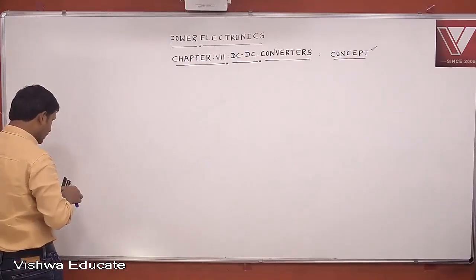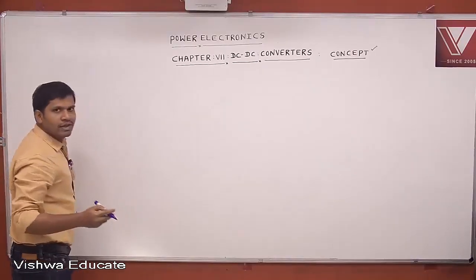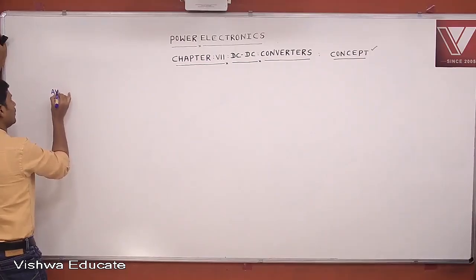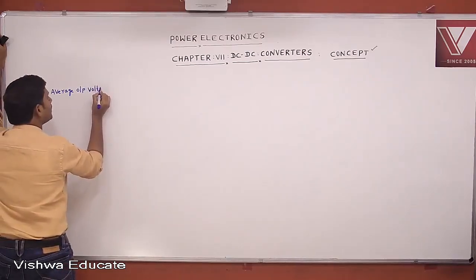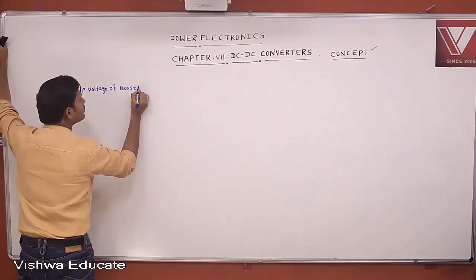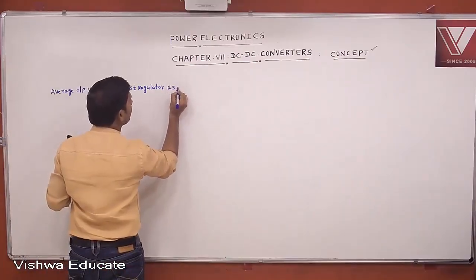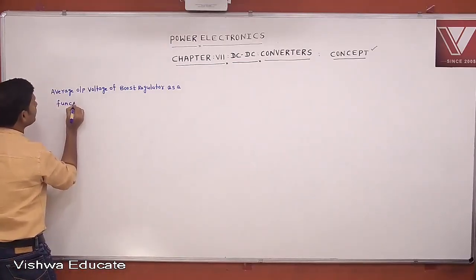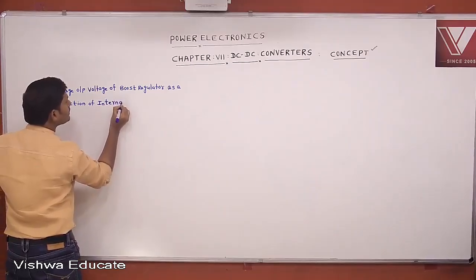Write down, average output voltage of boost converter, that is boost regulator, as a function of internal resistance of inductance.